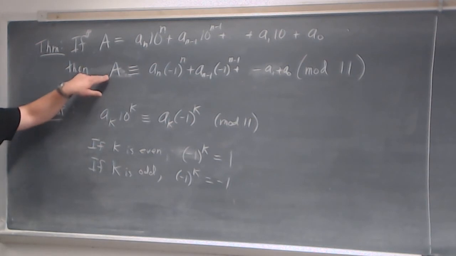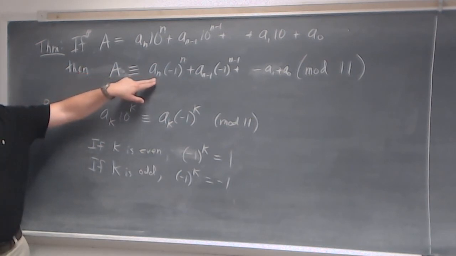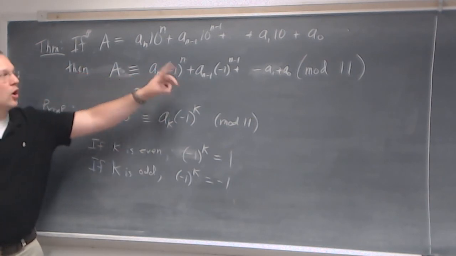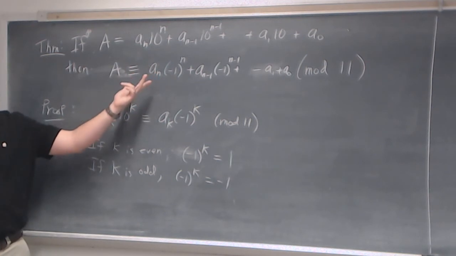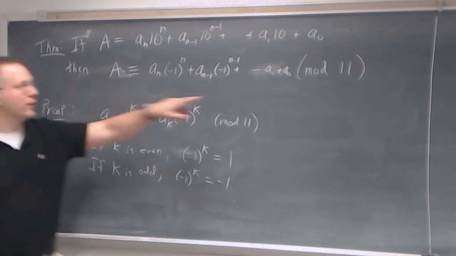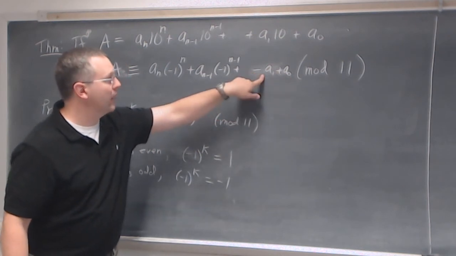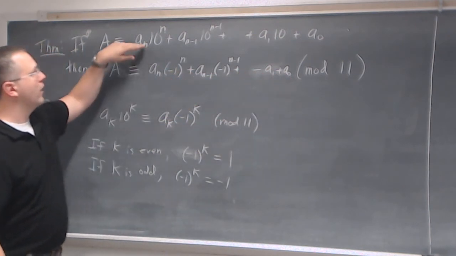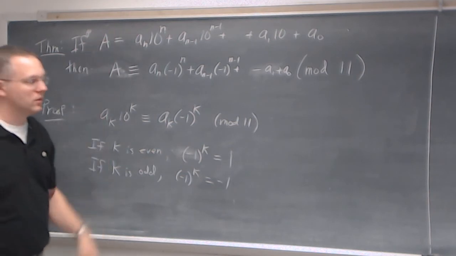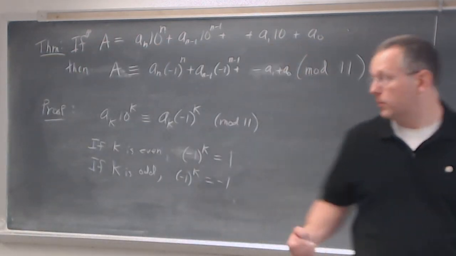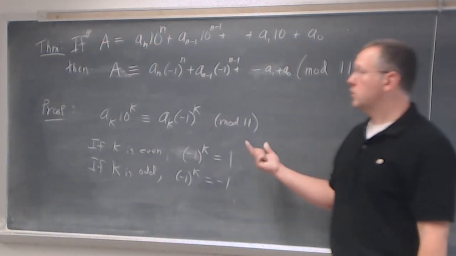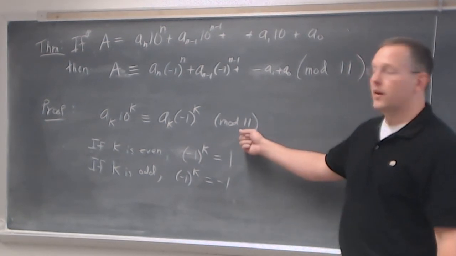So in this congruence, the terms are going to alternate plus, minus, plus, minus. The a sub 0 is going to be positive, then the next one's going to be negative. A similar trick works when you're dividing by 11.